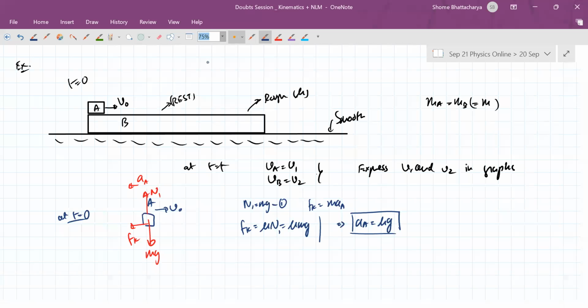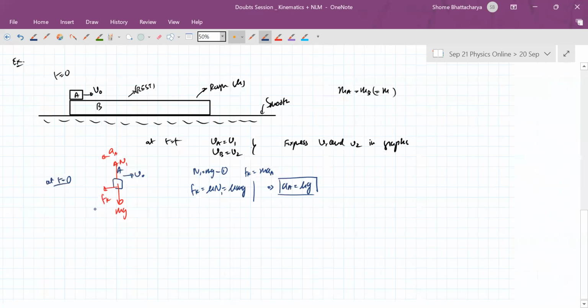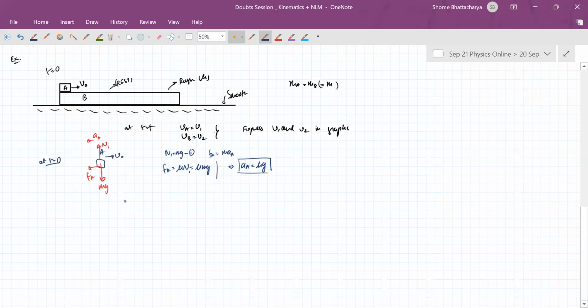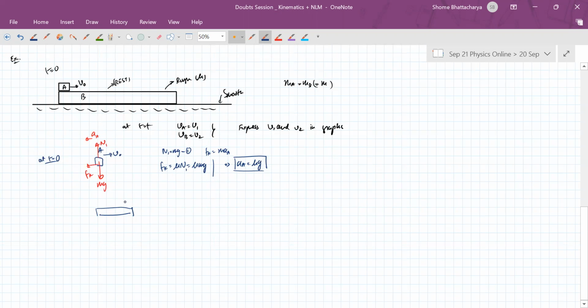Whereas at the same time, if you look at the free body diagram of the plank B at this instant, at T equal to 0, and this all we are seeing from the ground frame. So even though this is at rest, it experiences friction because on top of it you have something which is slipping.